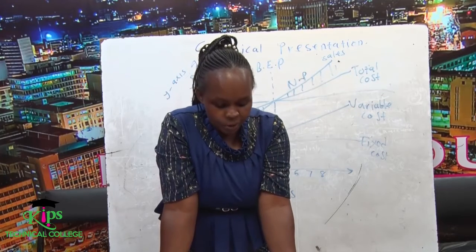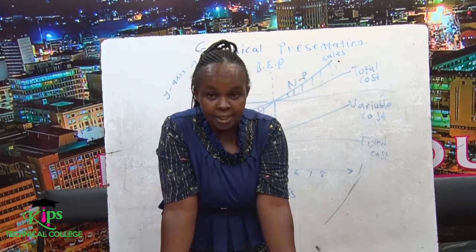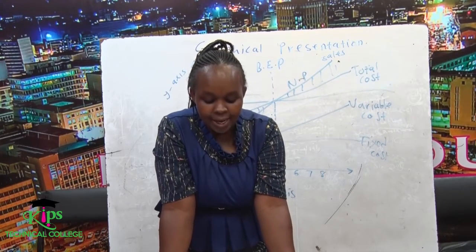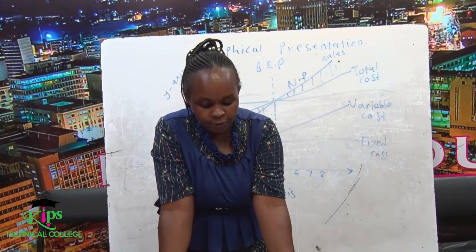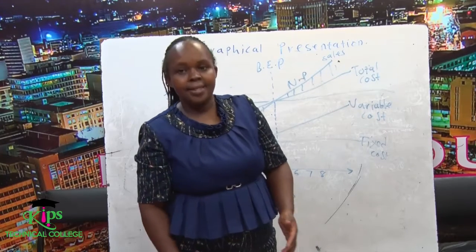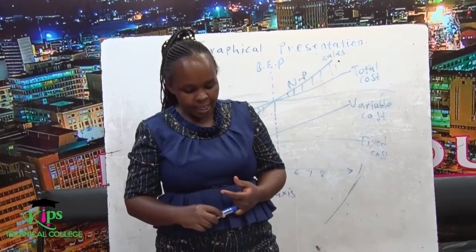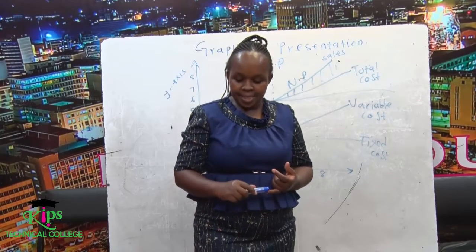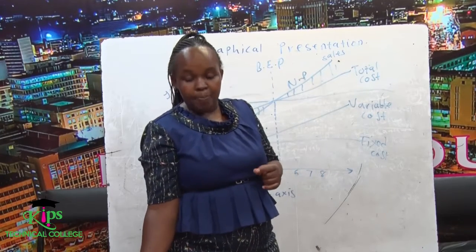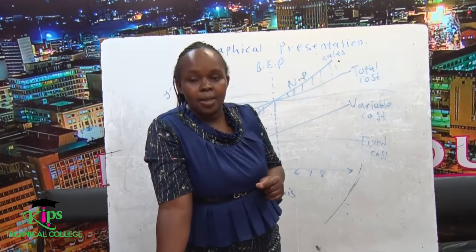Number three, you need to ask yourself this question: what level of sales is required to increase the net profit of a unit? Let's say it's 10,000 shillings. Another question is, what is the effect of increasing prices by 5% on the net profit?